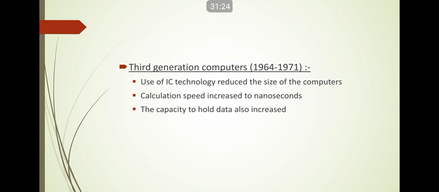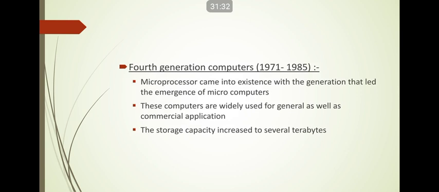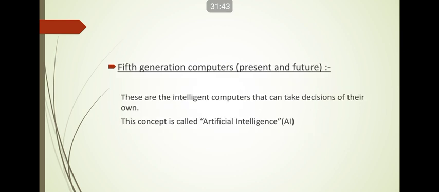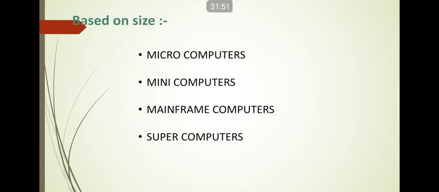Integrated circuit technology was used and the calculation speed was in nanoseconds. The fourth generation was from 1971 to 1985 and the technology used was microprocessors. In fifth generation computers, artificial intelligence technology is being used. That was related to generations.